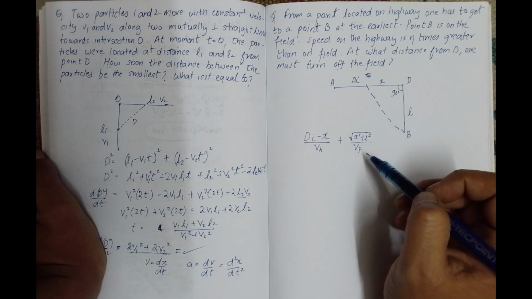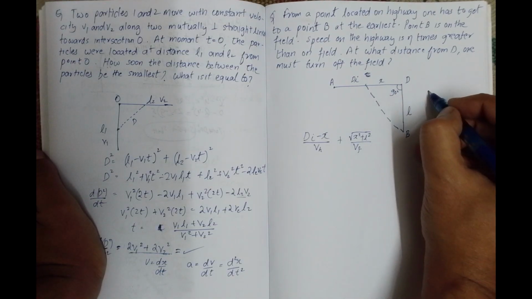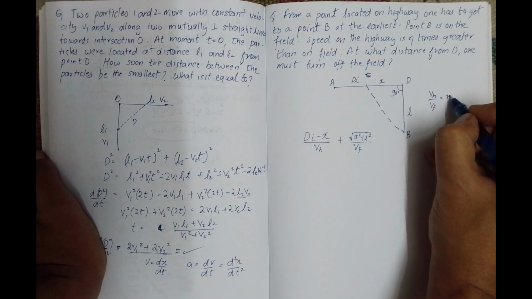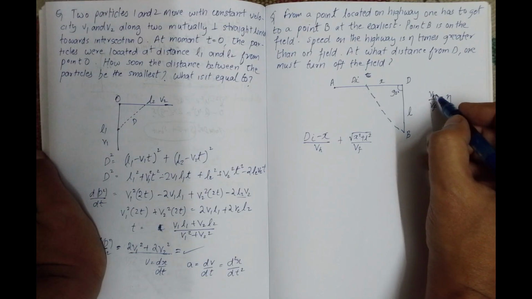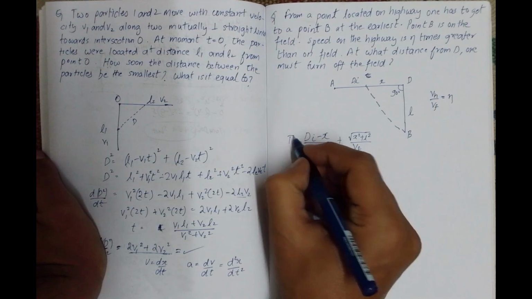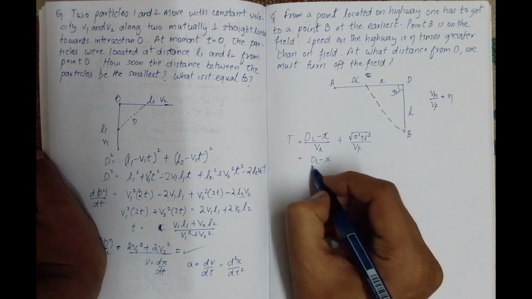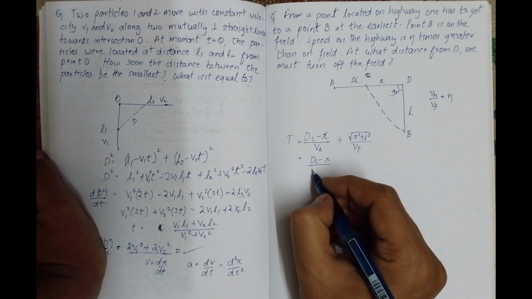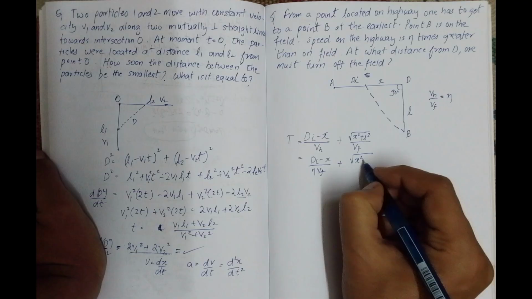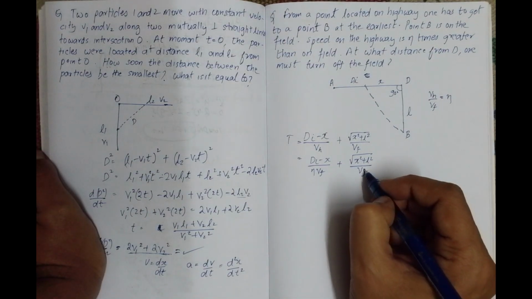Now Vh by Vf has been given to us as n. Vh is the speed on the highway, Vf is the speed on the field. So this total time we can say is equal to (di minus x) divided by n Vf, plus under root of x square plus L square divided by Vf.